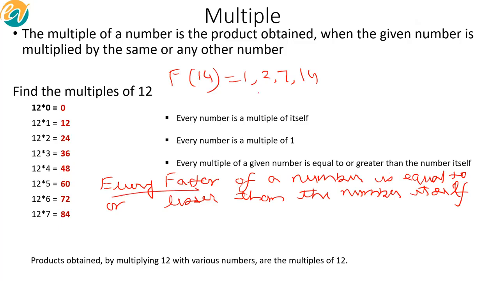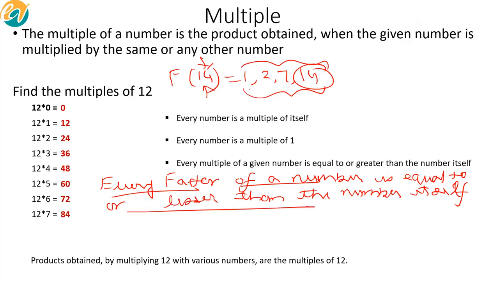What are the factors? 1, 2, 7, and 14. So every factor of a number is either equal to the number or lesser than the number itself.